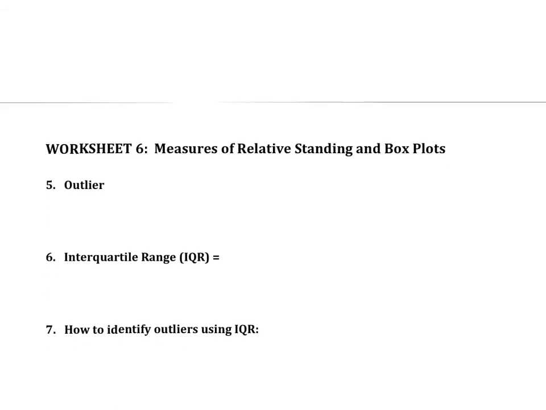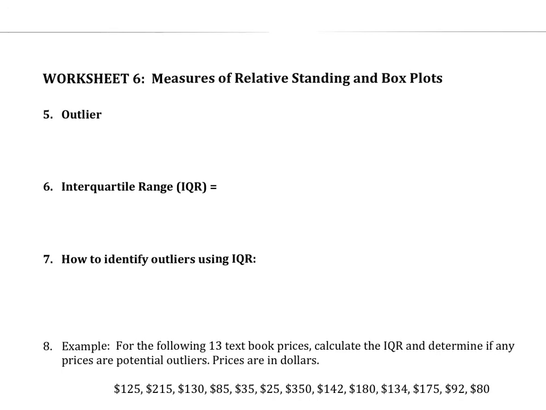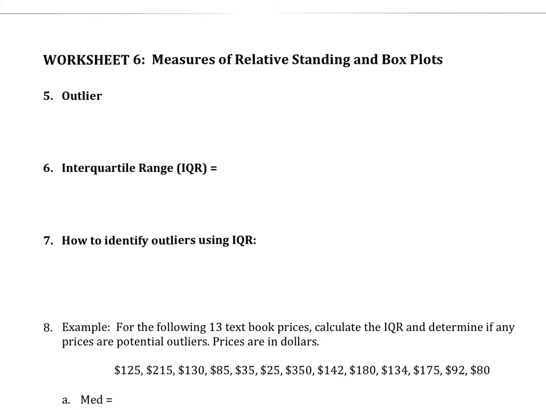One of the applications for quartile and the median is finding outliers. An outlier is a value that is either too big or too small.